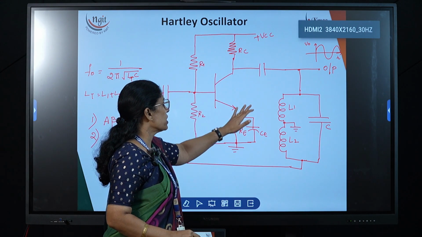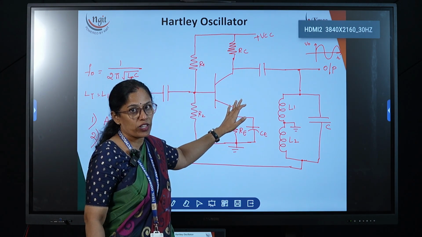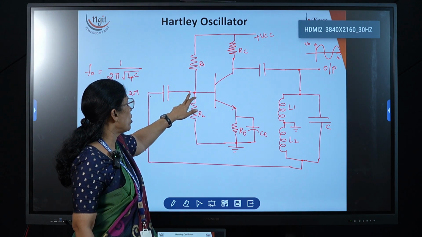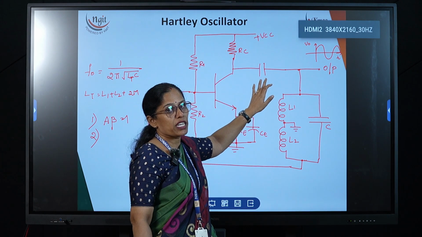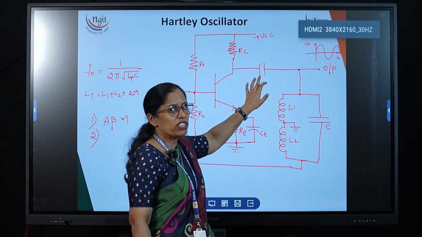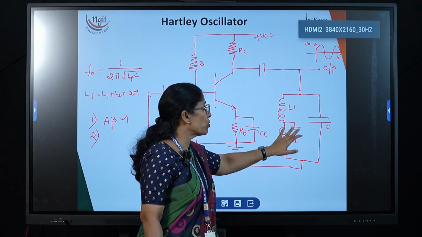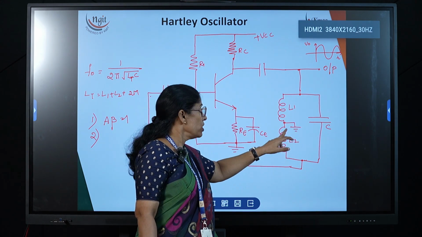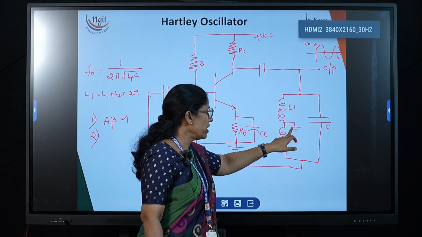Now already we know that this is the CE amplifier. The CE amplifier produces a 180 degrees phase shift. Whatever signal you apply at the input, we get a 180 degrees phase shift at the output, and this tank circuit is producing one more 180. How? Between L1 and L2 we grounded here.